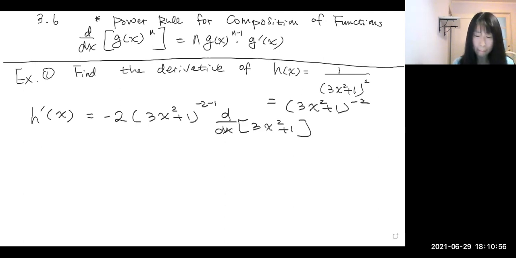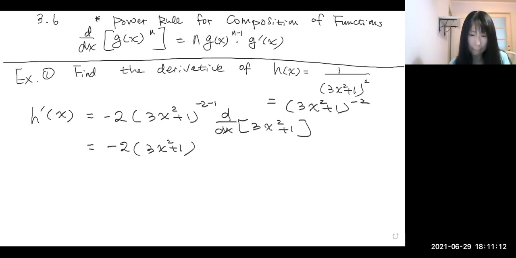All right, so let us do that: negative 2 times (3x squared plus 1), and what's the derivative of 3x squared plus 1? 6x.